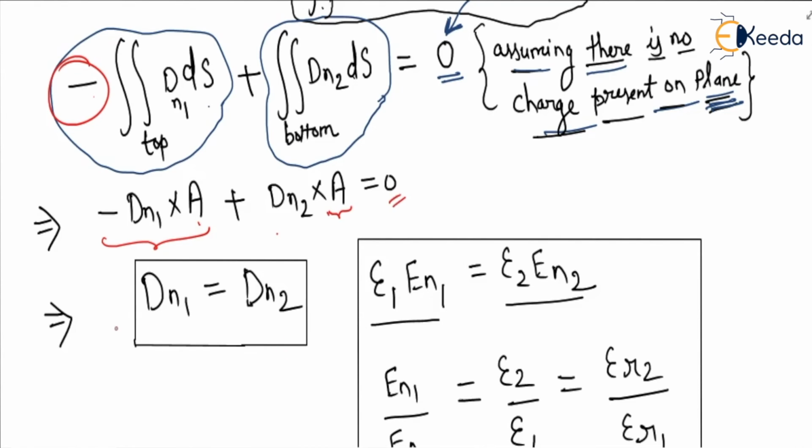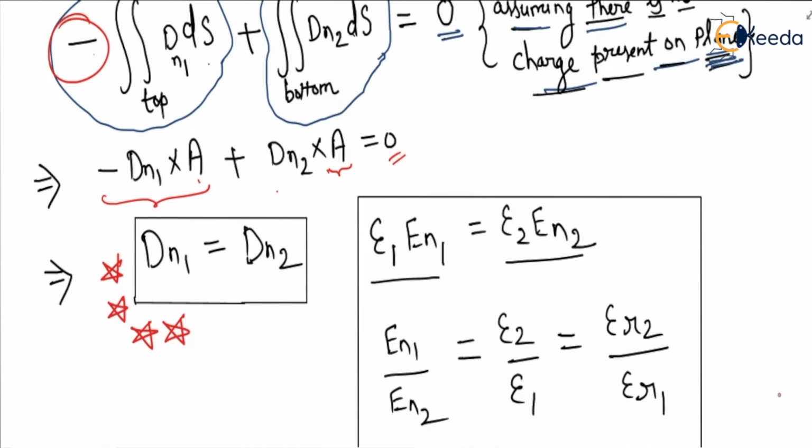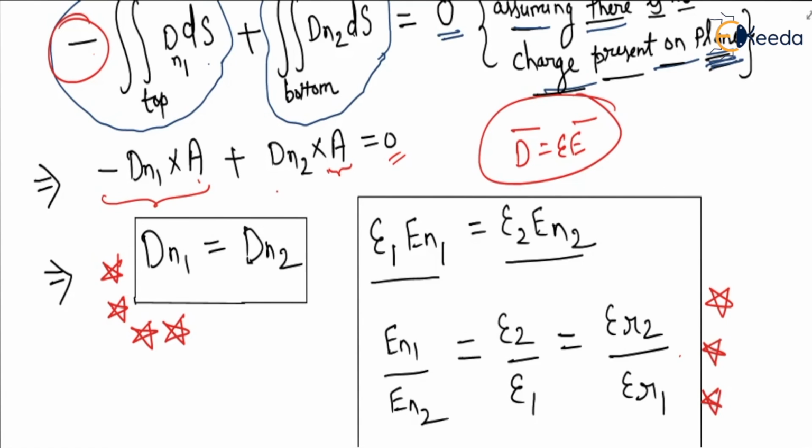When we solve it, we get Dn1 is equal to Dn2, or epsilon 1 En1 is equal to epsilon 2 En2, because D is equal to epsilon into E. So En1 by En2 is equal to epsilon 2 by epsilon 1, or we can write epsilon r2 by epsilon r1. So this is another boundary condition for the electric field.